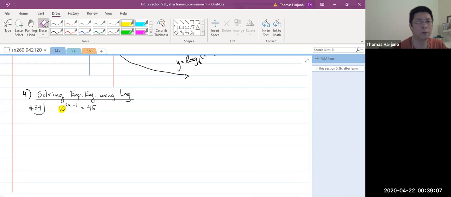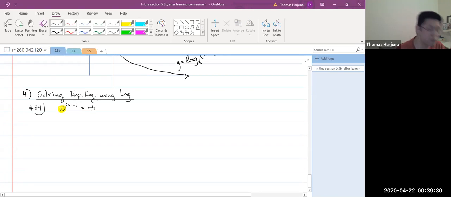If this were square root of 10, I can rewrite that as 10 to the 1/2, and then they have a common base that we can deal with. Now in our situation here, the other side is not base 10 anymore, but imagine if that's a random number. In this case, it's 45. Then how do I deal with that? Change into log form. This is log base 10 of 45 equals 2x minus 1.